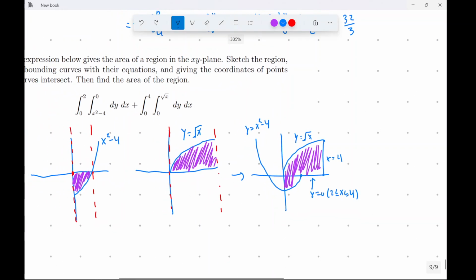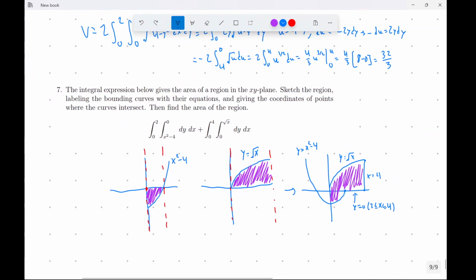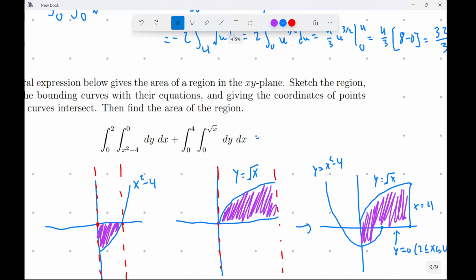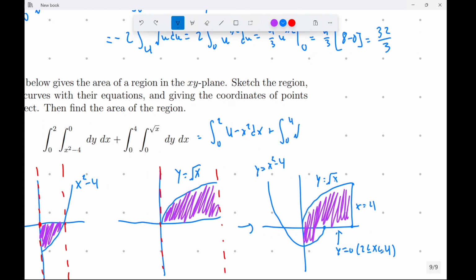Okay. So now we want to find the area of this region, and I'm just going to do this by doing this integral directly. So this first one, integral from 0 to 2 of 4 minus x squared dx plus integral from 0 to 4 of root x dx.